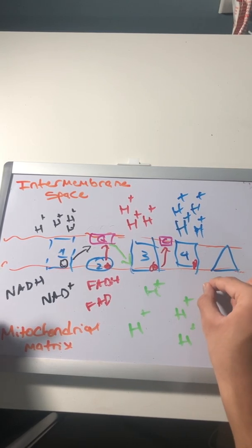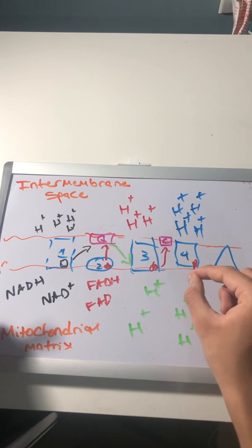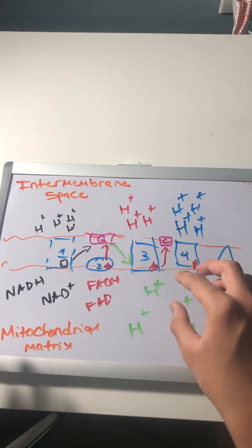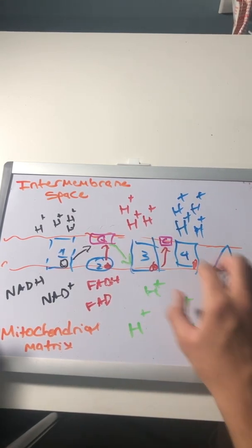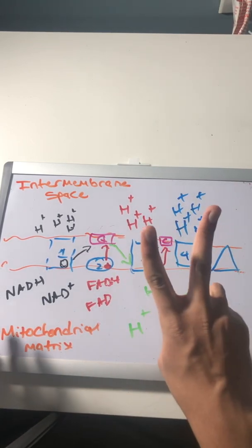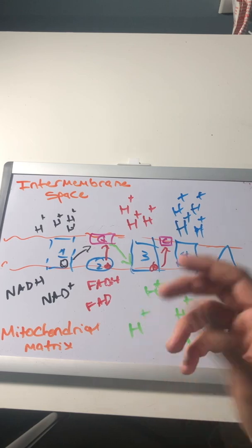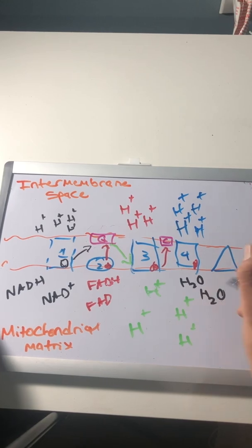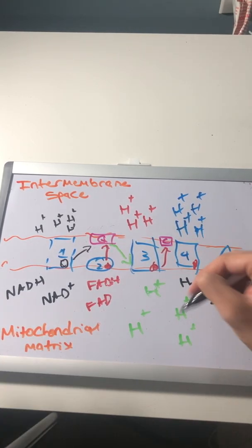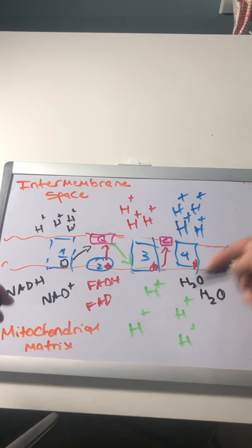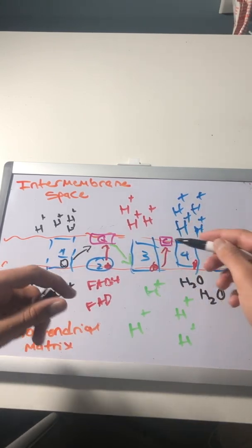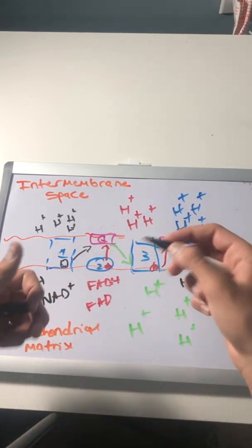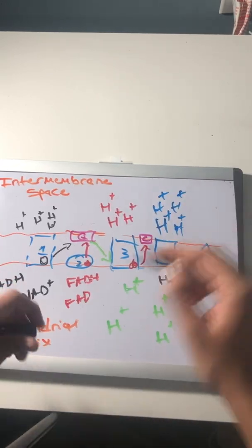Then protons are added from the mitochondrial matrix to make two water molecules, or H2O molecules. That's the process from complex 4 to the final electron acceptor, which is oxygen.